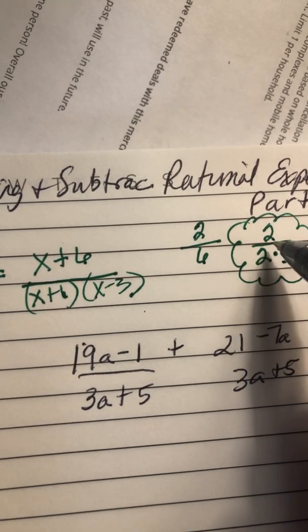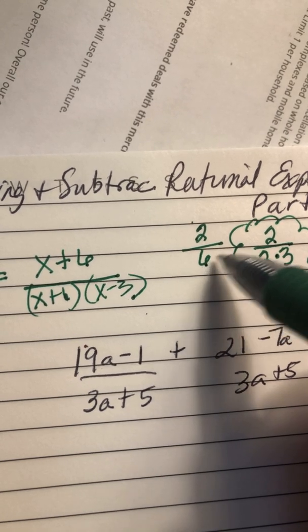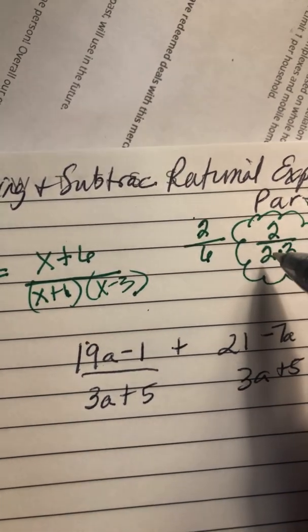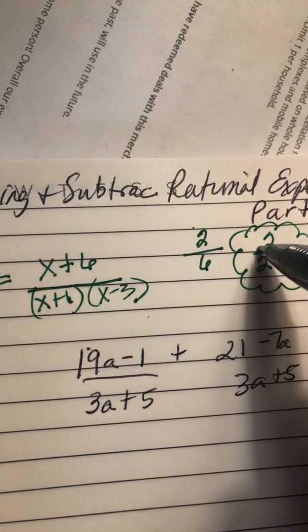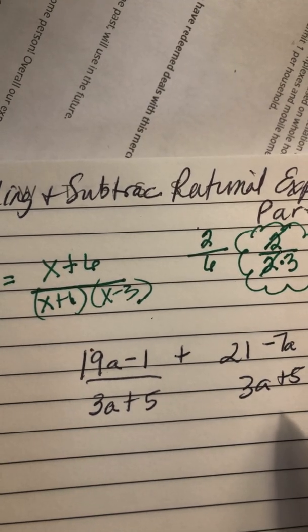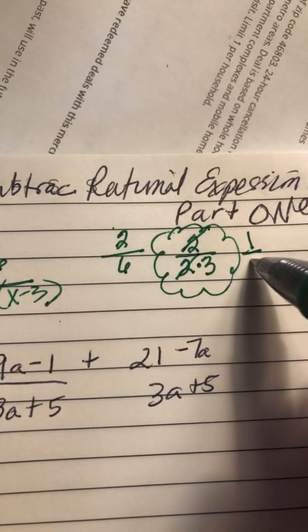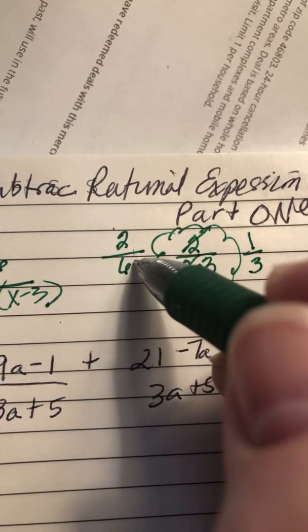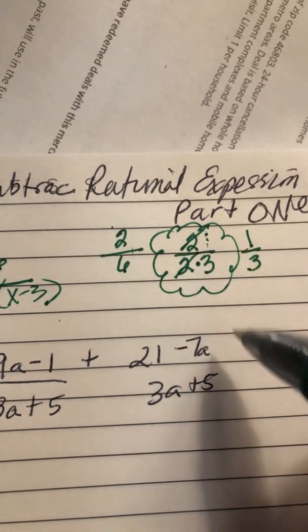So I'm thinking, what do the top and the bottom have in common that I can divide out? They have common factors of 2. So basically we divide both the top and the bottom by 2, and what we have left is 1 over 3. That's how we reduce this to 1/3, because we have an invisible 1 left on top and the 3 left on the bottom.